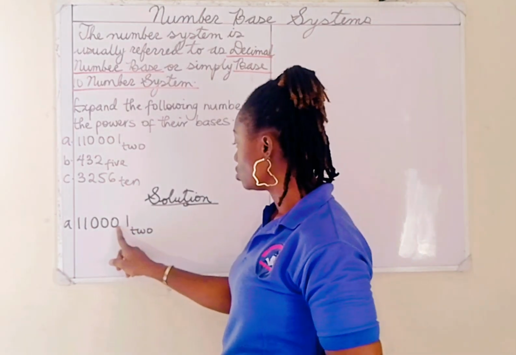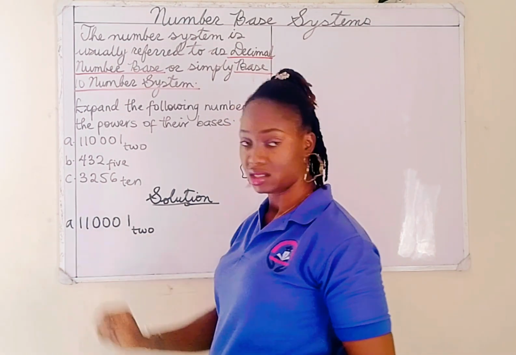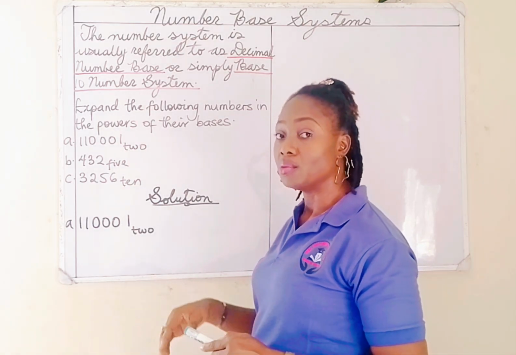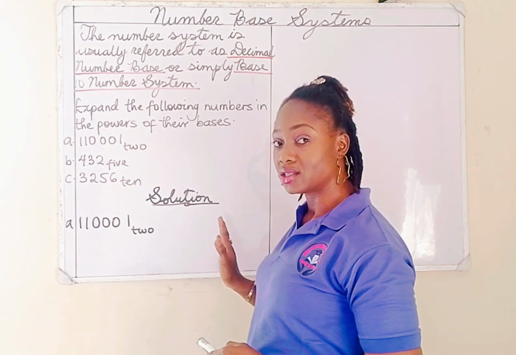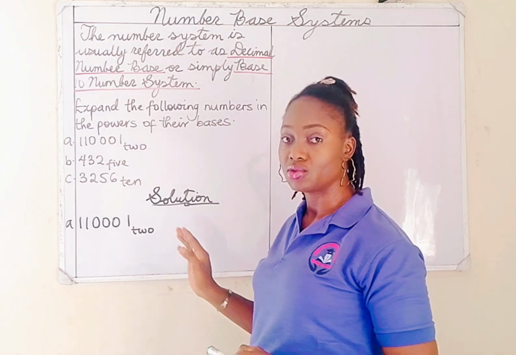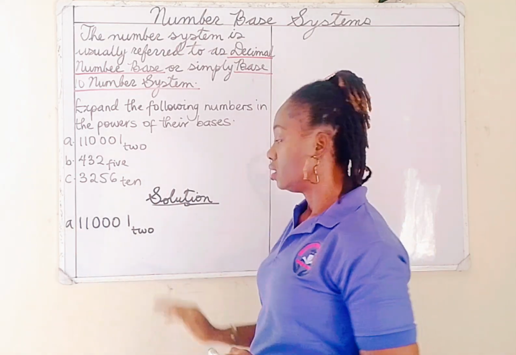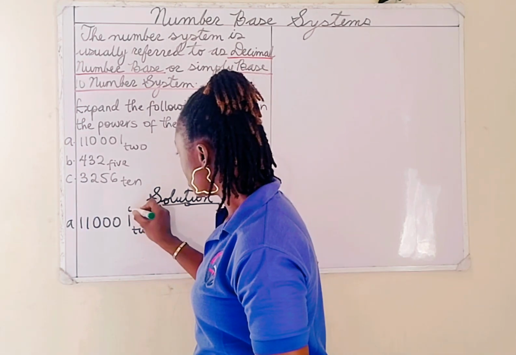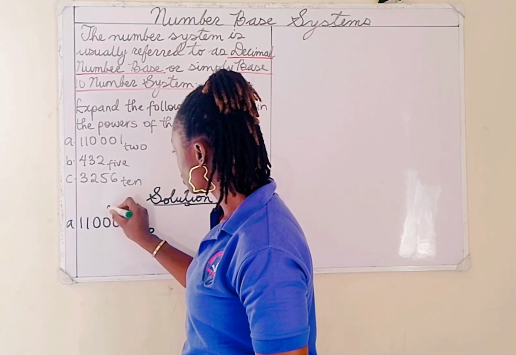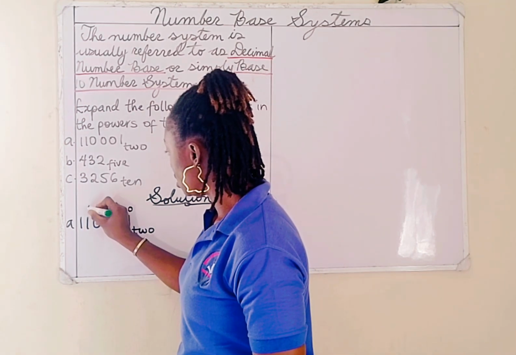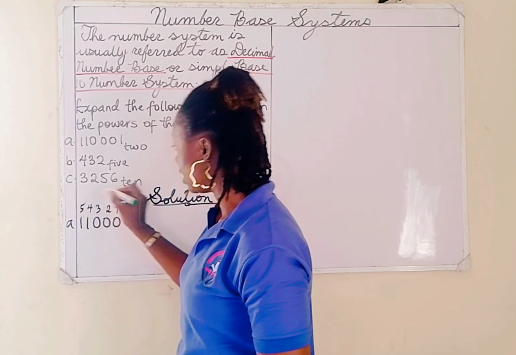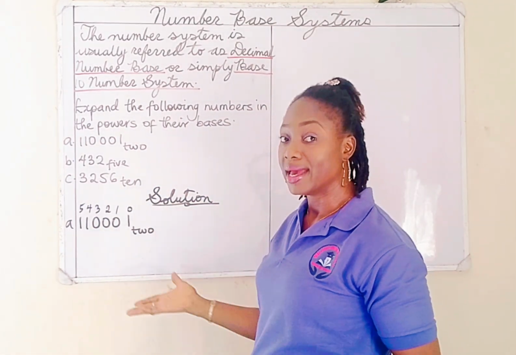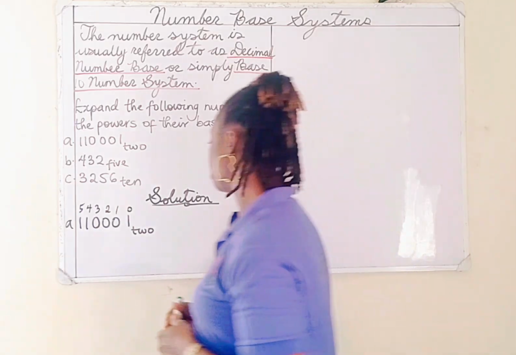We have 1, 2, 3, 4, 5, 6. In number bases, you start counting from the extreme right with the number 0, from 0 to the number you have there. So we're going to tag this as 0, 1, 2, 3, 4, and 5. Having labeled this from 0 to 5, we can now expand this number.